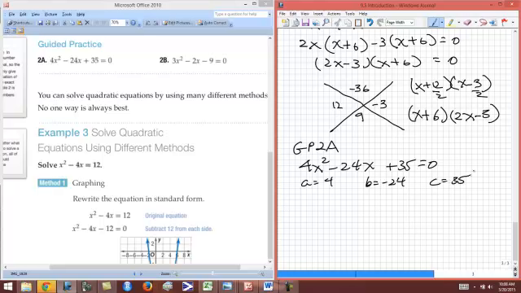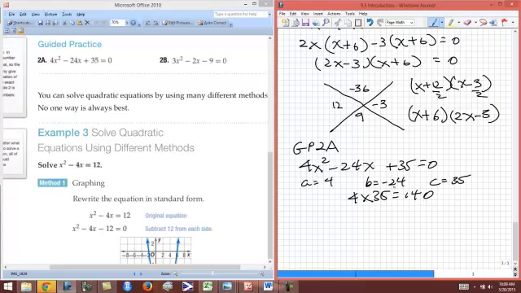So 4 times 35 is 140. The product is positive, so both factors are going to have to be either positive or negative. In other words, you have to have the same sign.